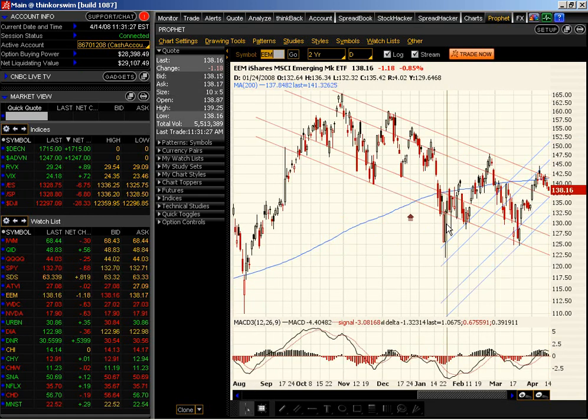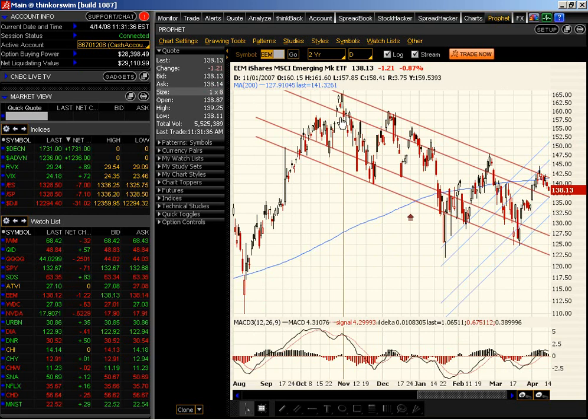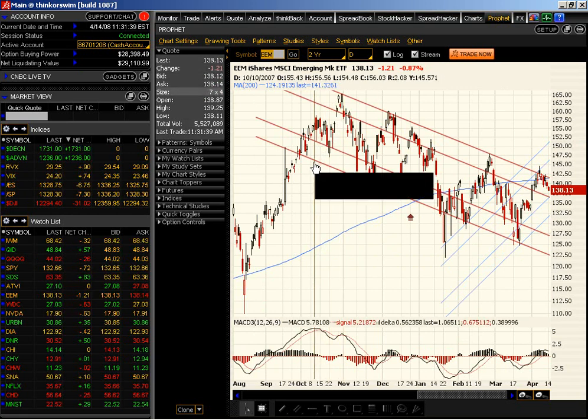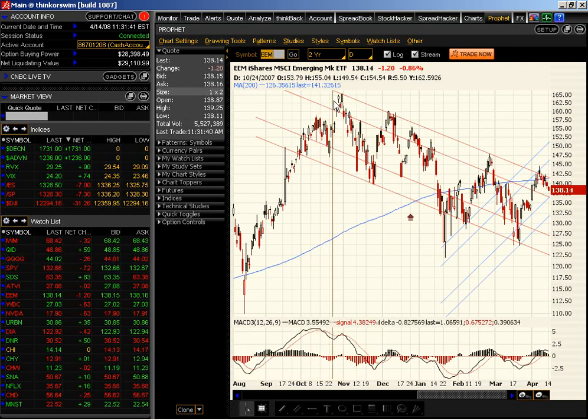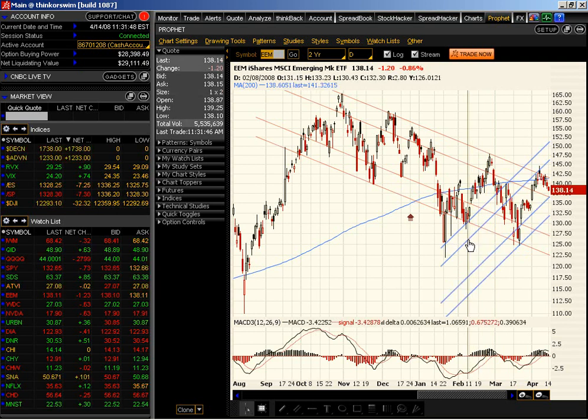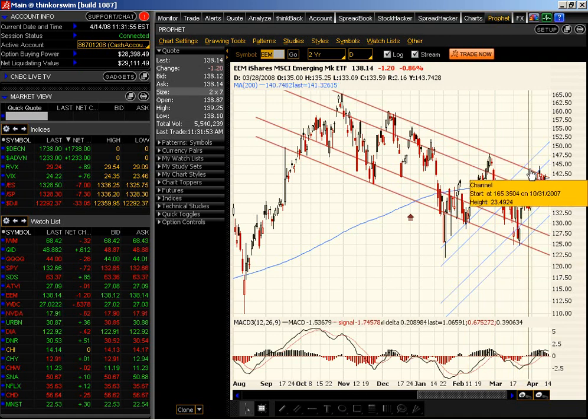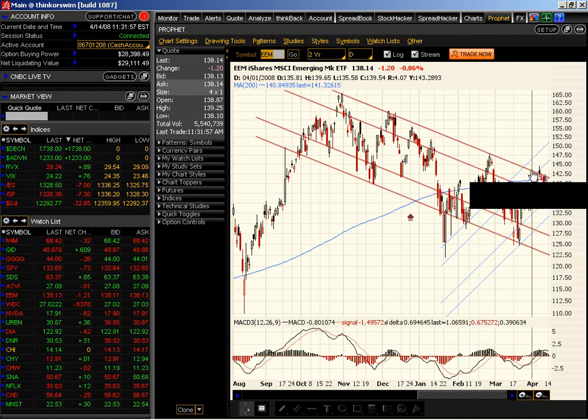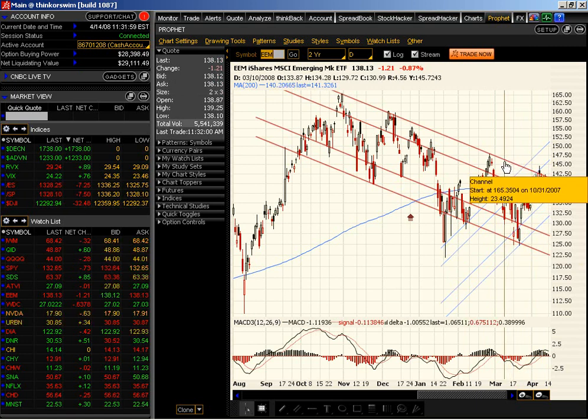Like I said, I'm not a big technical analysis guy, but what I like to do is see support and resistance points, and I like to check channels over time. This has been in a channel now since back in early October, kind of a downtrend channel here. These blue lines are a potential uptrend channel that it might be following, but it did hit this resistance right in here at the upper line of the old channel.